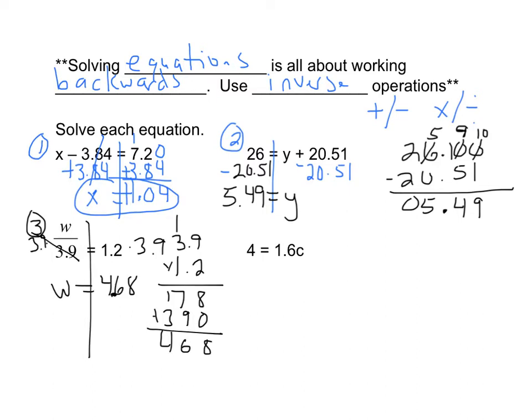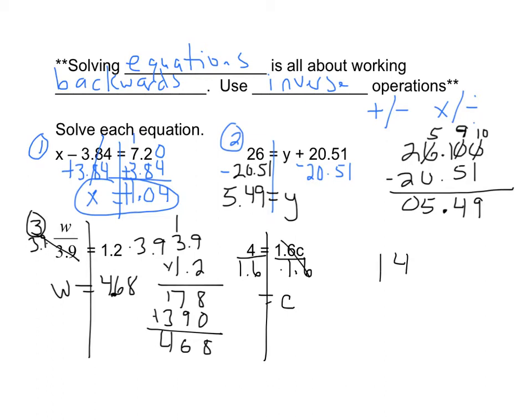On the last problem, remember that when you see a number written right next to a variable, it means they're being multiplied. So to undo this, I'm going to go ahead and divide both sides by 1 and 6/10, and I'm going to write that as a fraction, just as practice. These are going to cancel out, and you're left with just c.